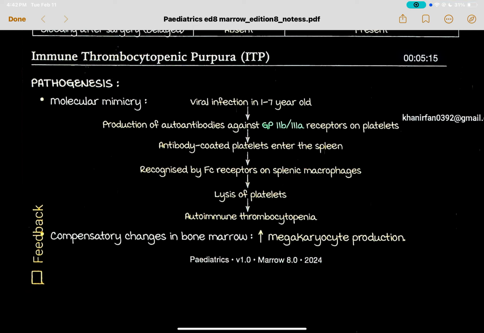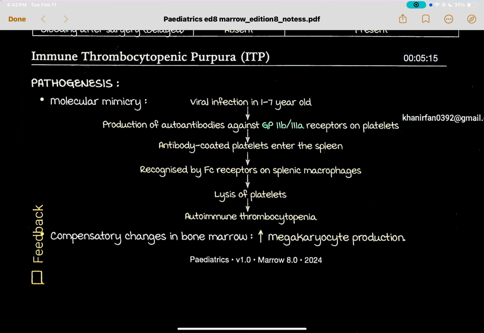Molecular mimicry: viral infection in a 1 to 7-year-old child. Production of autoantibodies against GP2B and 3A receptors on platelets. Antibody-coated platelets enter the spleen, where they are recognized by the Fc receptors of splenic macrophages.